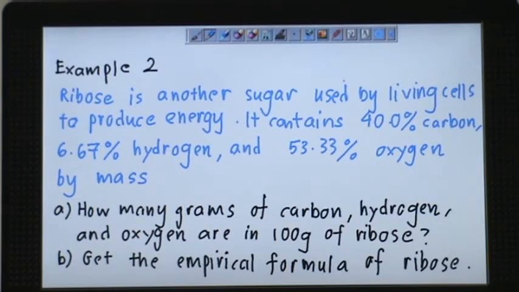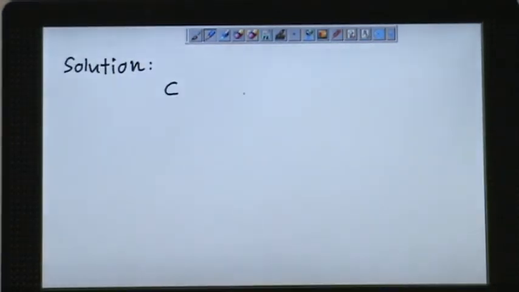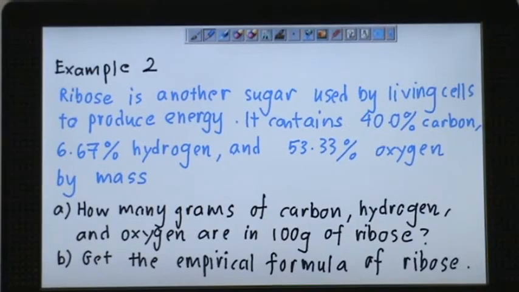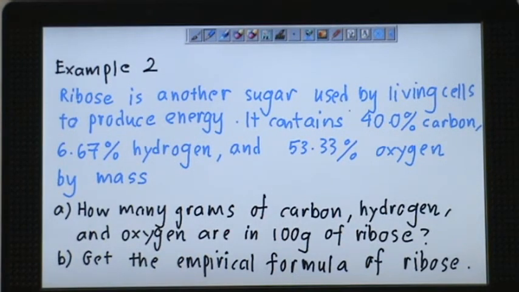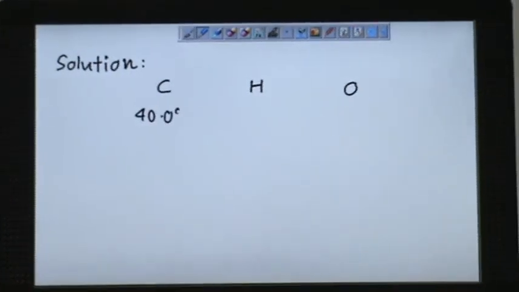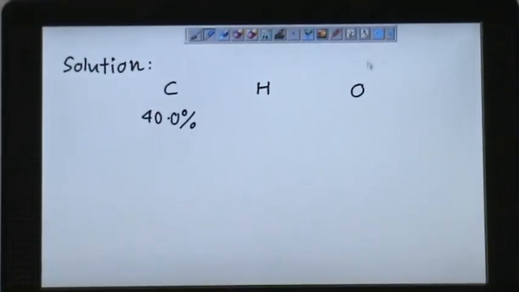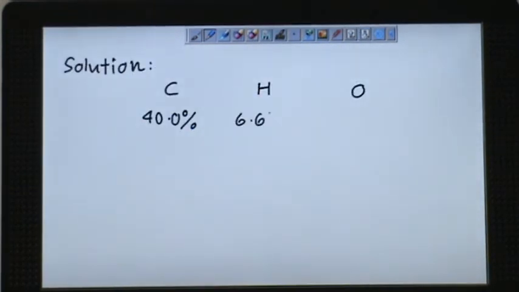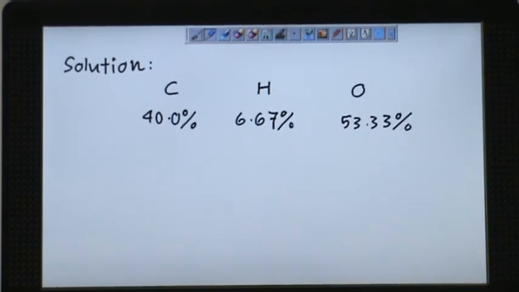So this is pretty straightforward. What we should do is we do this again. C, H, O. Based on the given information, we use percentage: 40.0%, 6.67, 53.33. Based on this information, we realize that if you add up all the percentages, you should be able to get 100%.